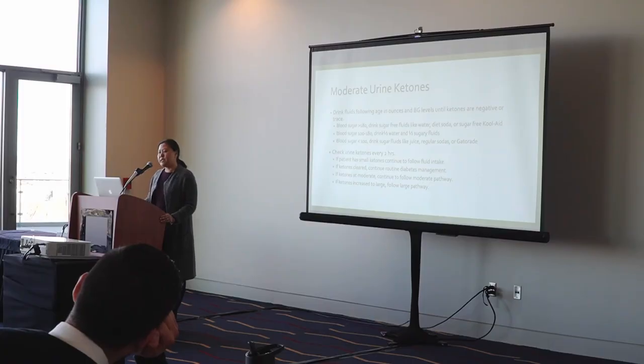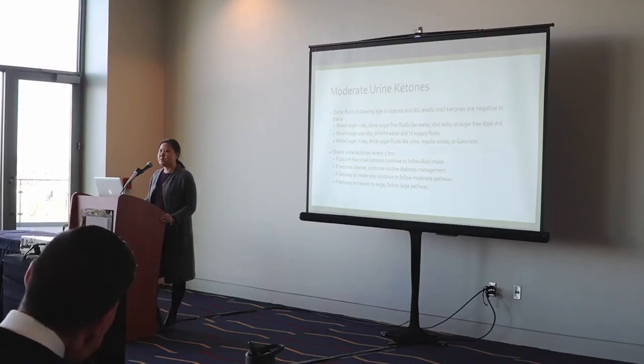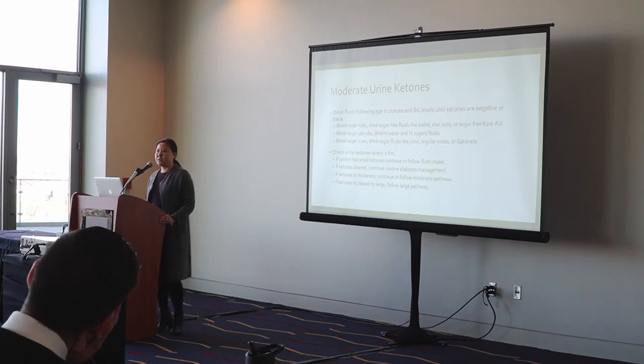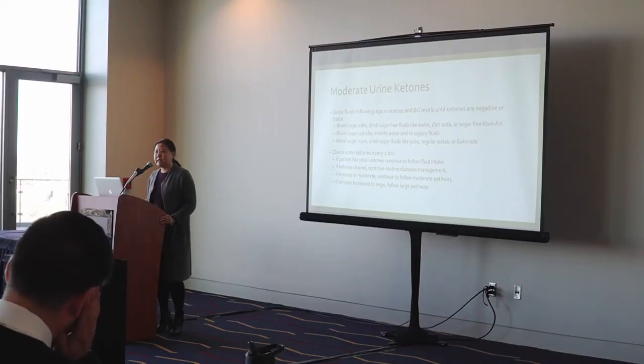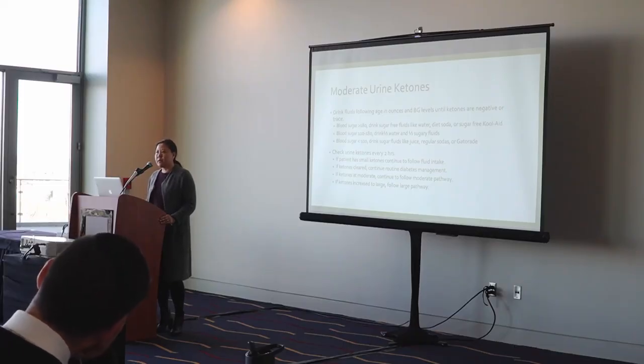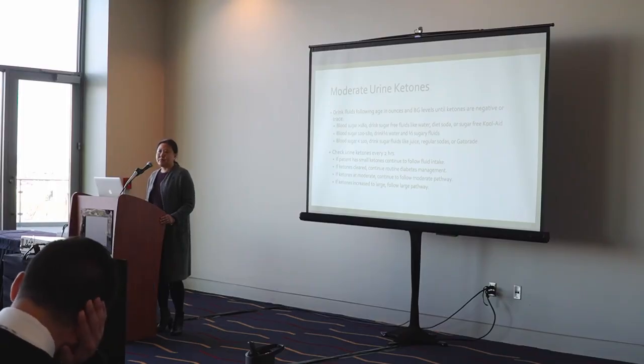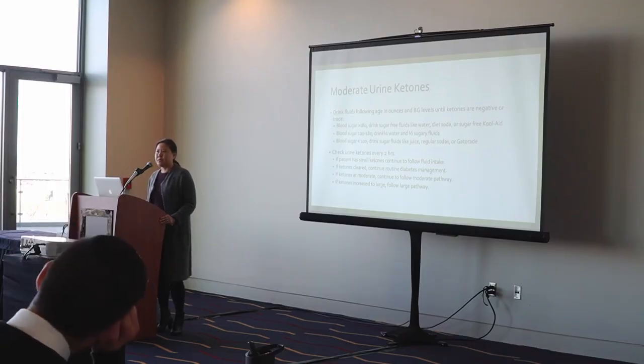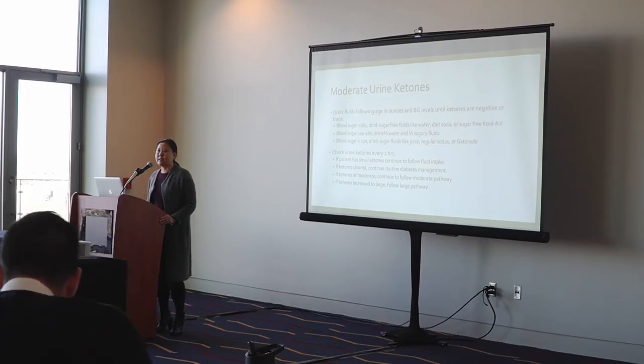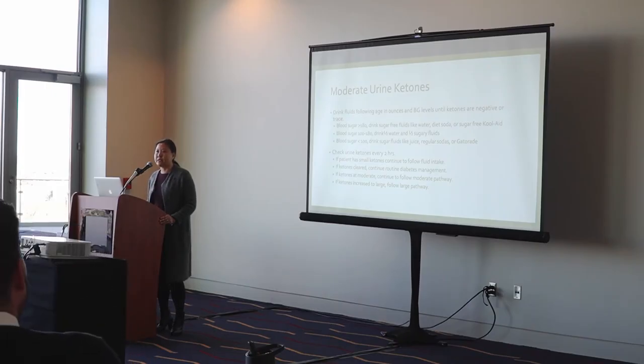When we drink with moderate to large ketones, we drink different types of fluids based on blood sugar levels. If you realize that getting insulin in is the most critical part of managing this, then if someone has been throwing up and not eating well and they have a blood sugar of less than 100, it's very hard to give them extra correction insulin because they would never qualify for that.